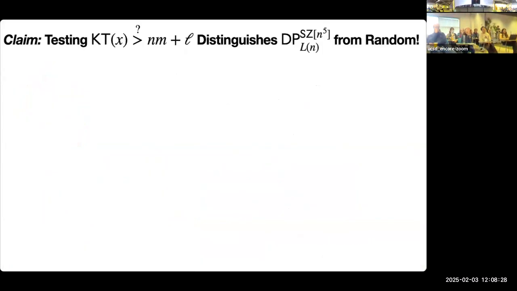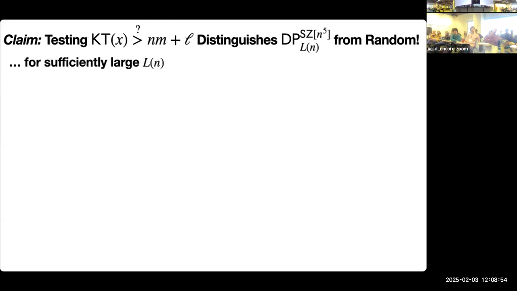Okay, so here's the formal-ish claim. We need to establish a threshold, right? Say testing if KT of some input is at least nm plus L distinguishes this direct product generator from random for a sufficiently large L of n.